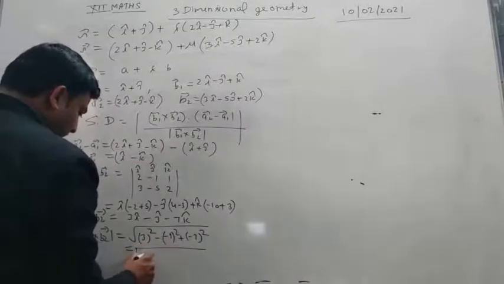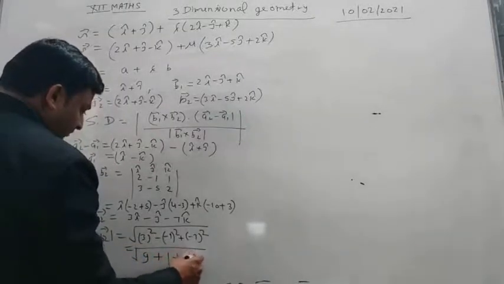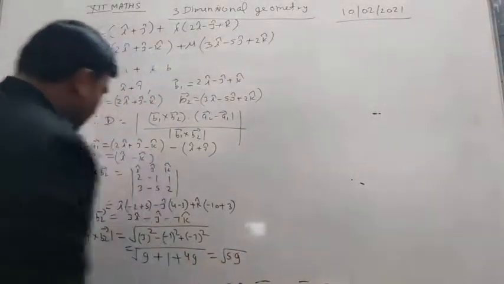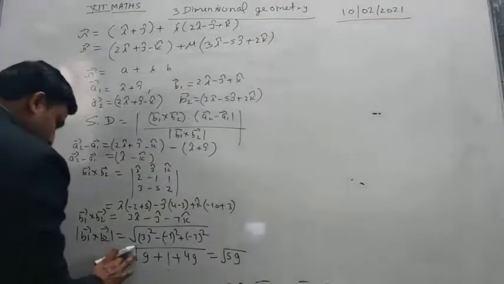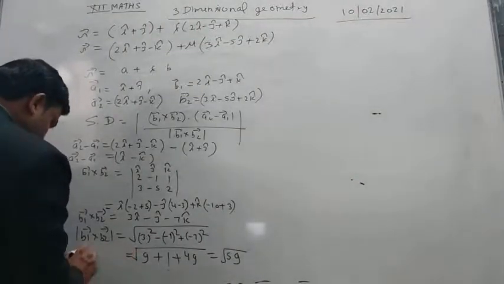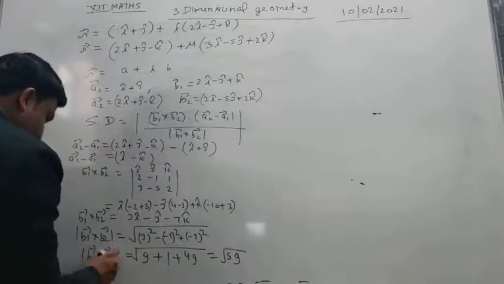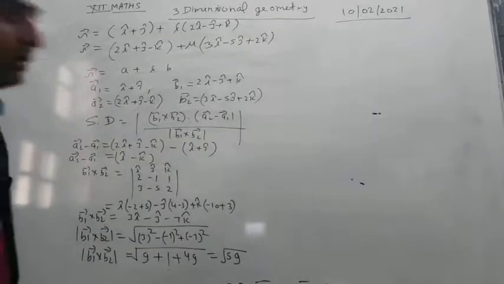We get, students, 9 plus 1 plus 49, 59. So the magnitude of B1 cross B2 is root 59. Okay, students.